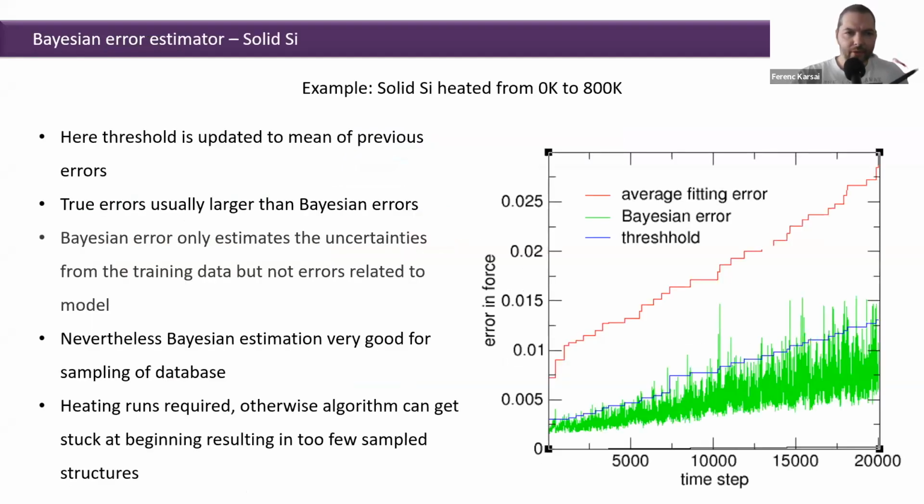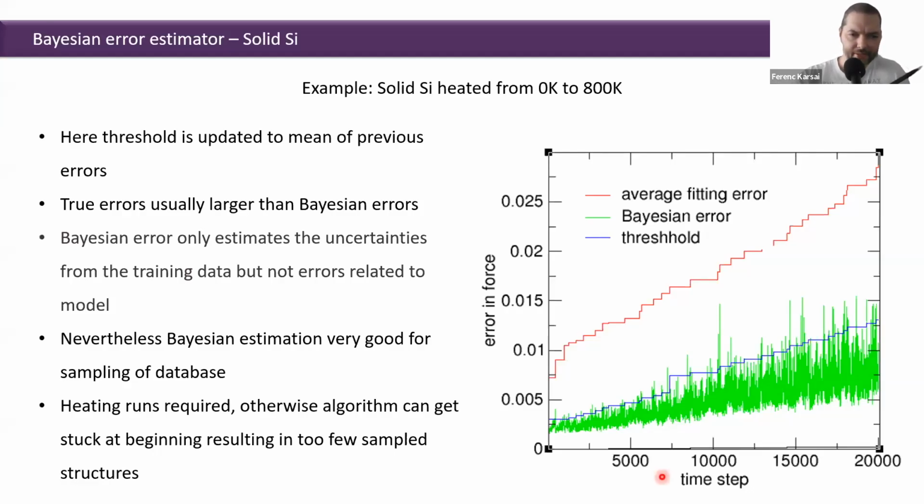So let's have a look at the Bayesian error estimator in a practical calculation. Here on the right, you see solid silicon heated from almost 0 Kelvin to 800 Kelvin. Almost 0 Kelvin, because you should never set 0 K in VASP. This is just a side note.